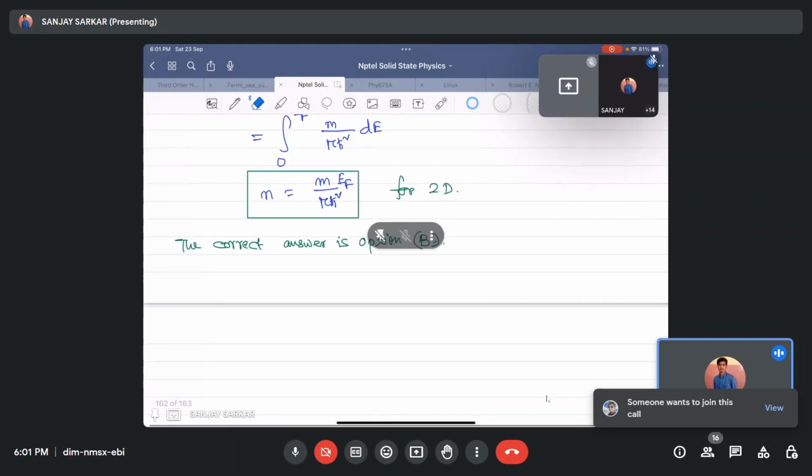So please do it for 3D, and then we'll solve a few problems which use this relation of n and EF for 3D. Calculate for 3D and please say the answer.